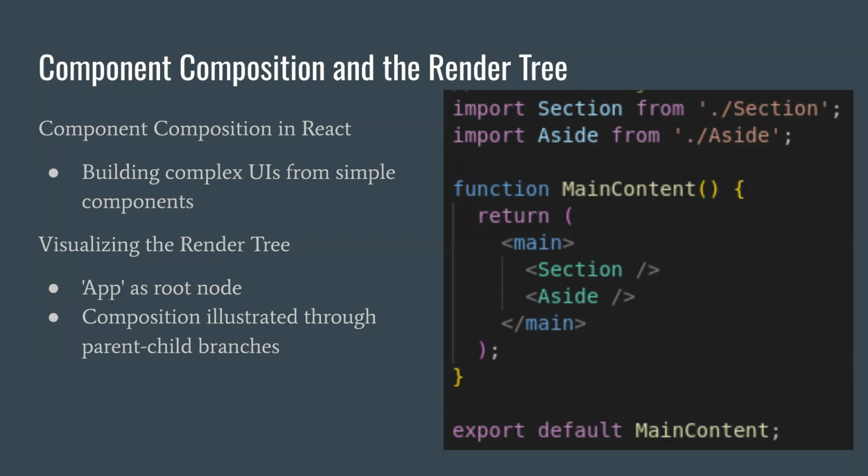So when we render App, we can visualize its structure as a render tree, and you can have App as the root node branching out to other components such as MainContent or Section, Aside, and so on. This visualization helps us understand the nesting and composition of components, illustrating how data and callbacks flow through the app.